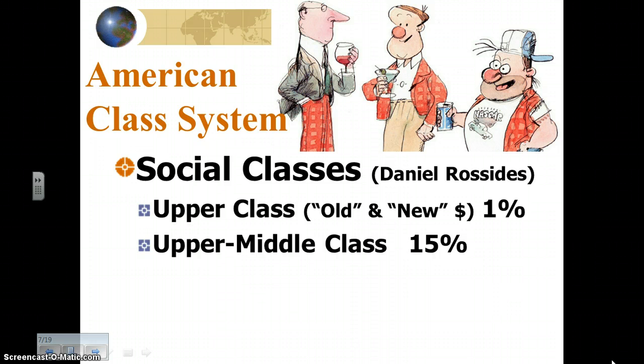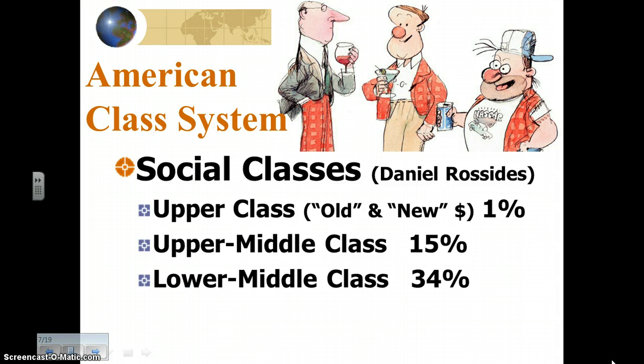Most of the kids from these families are again assumed to go to college, maybe not the prestigious colleges the upper class talks about, but they're going to be college oriented. Many of these people will also be actively involved in politics and voluntary associations, but their prestige level tends to be more on a state level rather than a national level. Income for this group is generally in the neighborhood of $100,000 or more yearly.